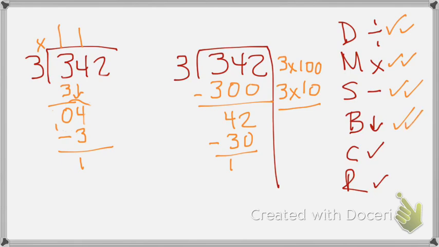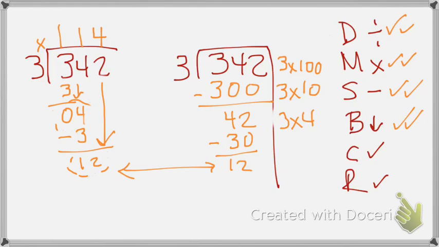And then my bring down, this is what's new this time. We bring that next digit down. So we'll sparkle twice. And that's where we're left here with our partial quotients. So then we start again. We go back up to divide. 12 divided by 3 is 4, or 3 times 4 is 12.